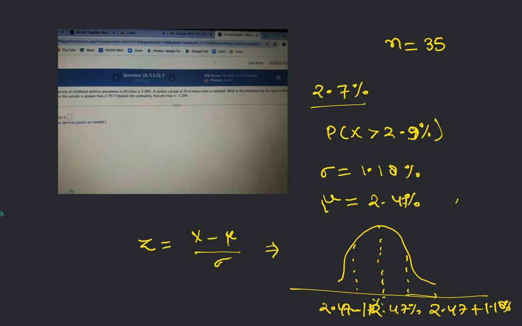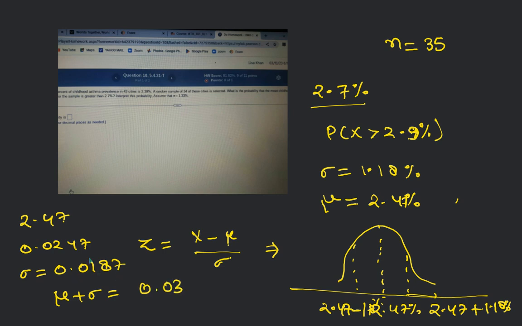So we need to find, so 2.47 will be 0.0247, and the standard deviation, that is 0.0187. So mu plus sigma is equal to 0.03.